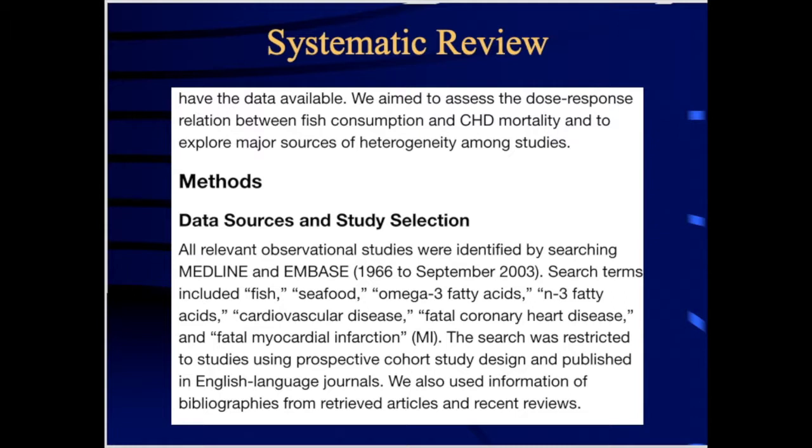Search terms included fish, seafood, omega-3 fatty acids, etc. The search was restricted to studies using prospective cohort study designs and published in English language journals. So again, a systematic review will provide you details with how the articles were chosen to be included within that review.